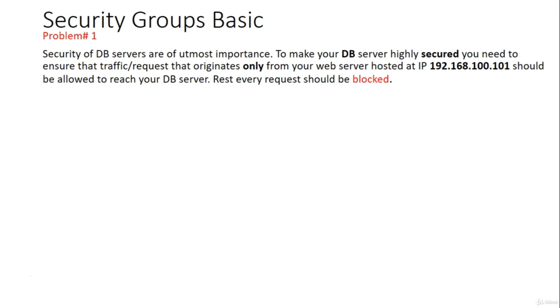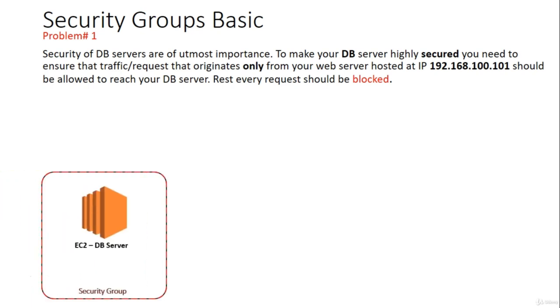To make your DB server highly secured, you need to ensure that requests that originate only from your web server hosted at IP 192.168.100.101 should be allowed to reach your DB server. Every other request to your DB server should be blocked. So here you have a database server along with the security group.